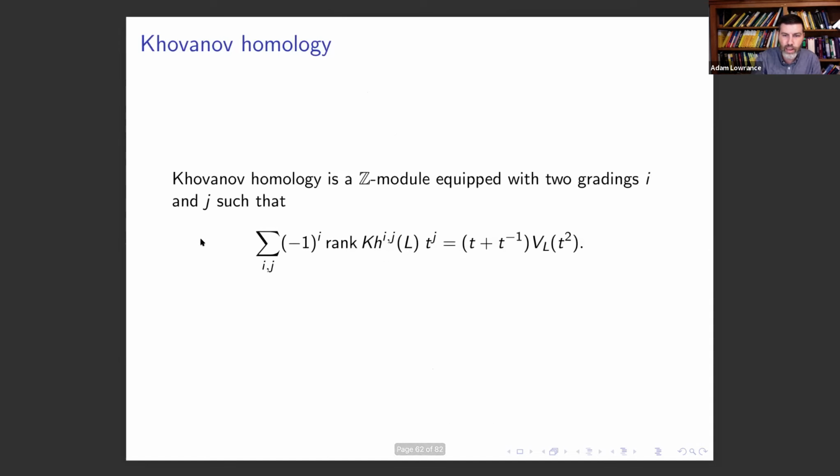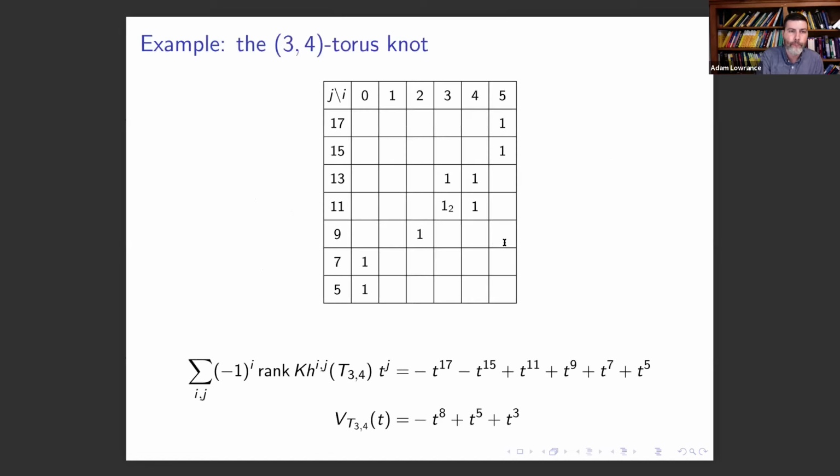The way that the Khovanov homology was normalized was so that the Euler characteristic of the unknot gets t plus t inverse rather than just 1. So you have to do that to go between how I've been talking about the Jones polynomial and what the graded Euler characteristic of the Khovanov homology is. But you can handle those transformations. That's fine. Okay.